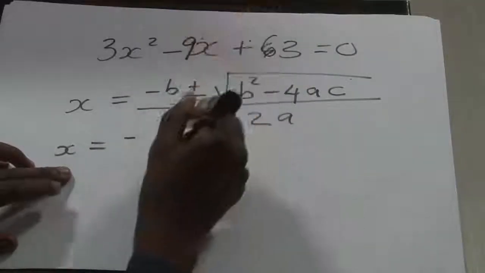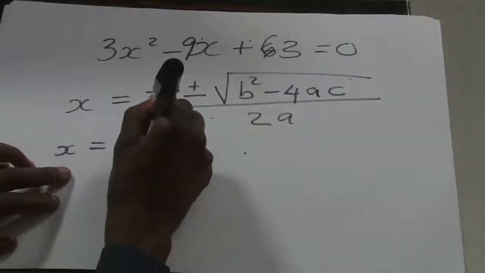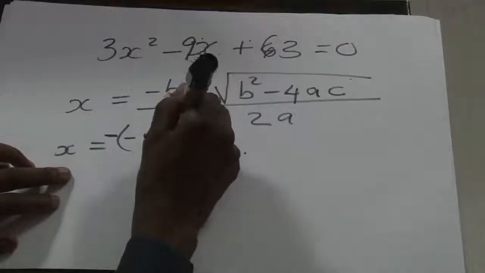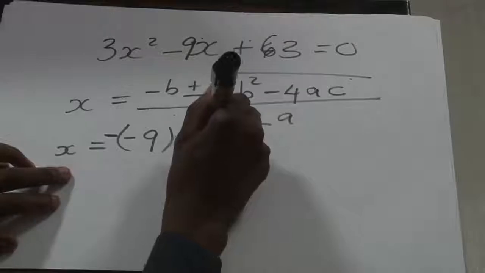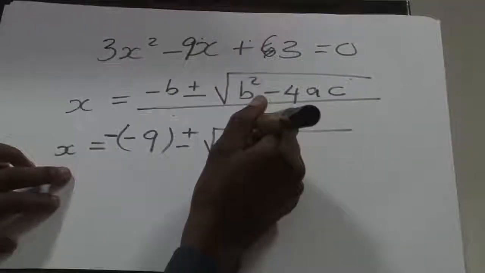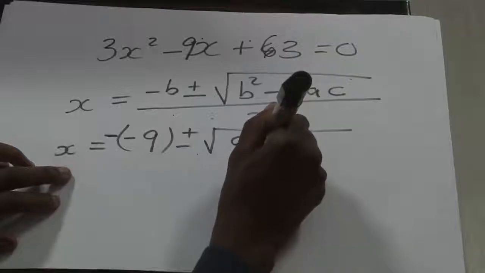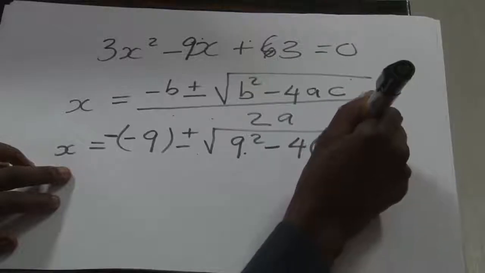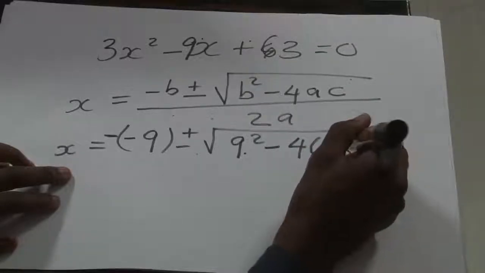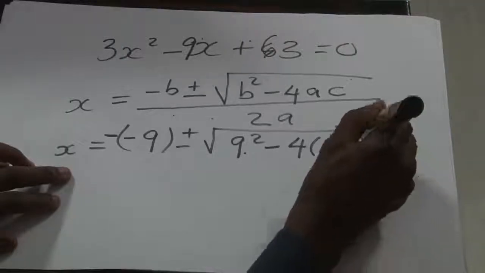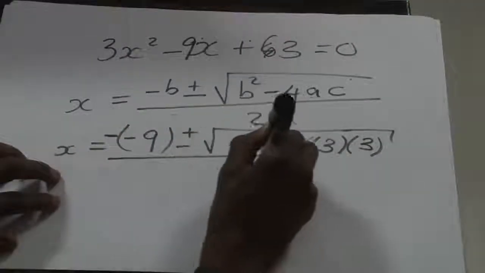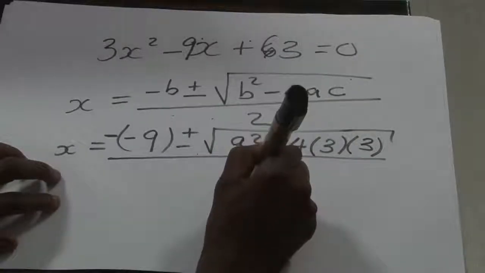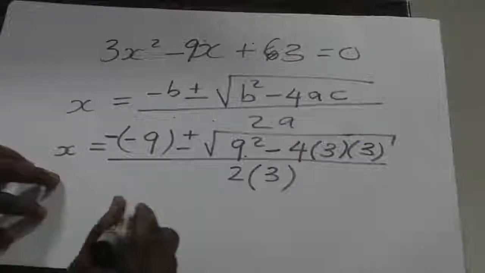Let the b value be 9. Remember it's negative, there's already a negative that you found there, plus or minus square root of 9 squared minus 4, a is 3, c is 3, so you have that, and then everything over 2, a is 3.